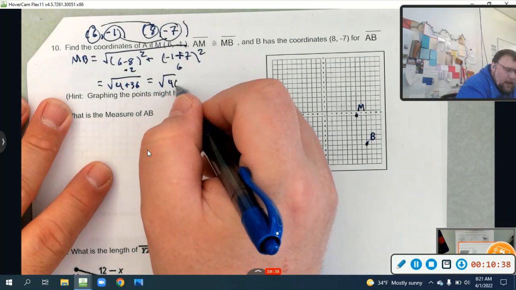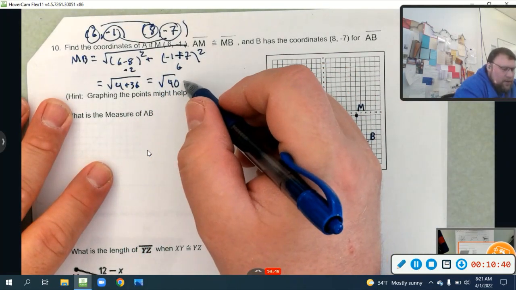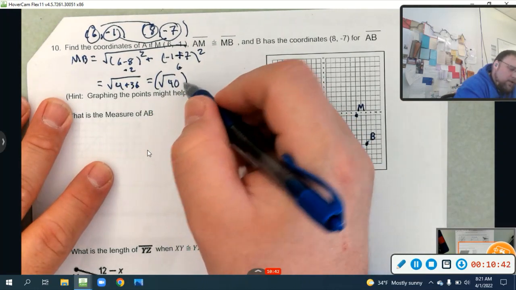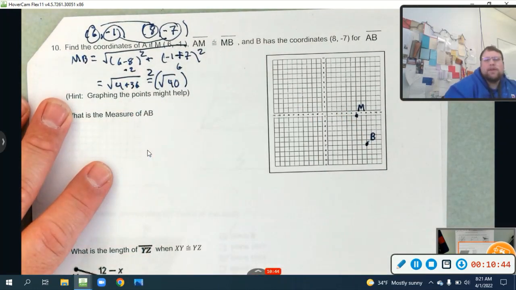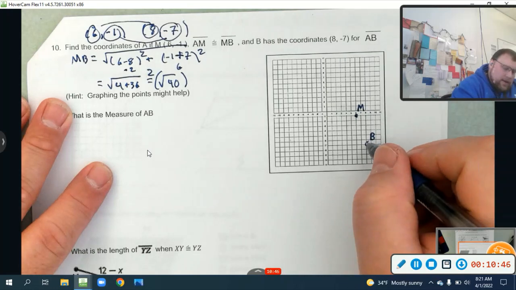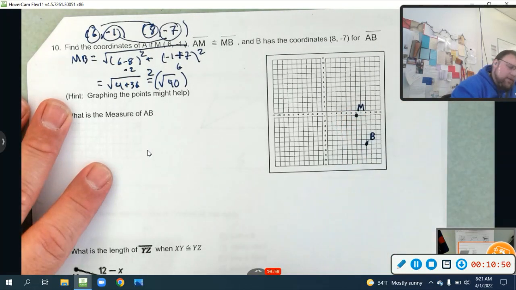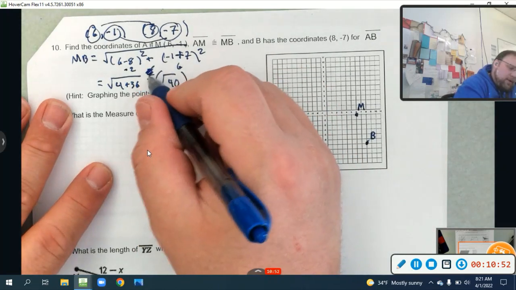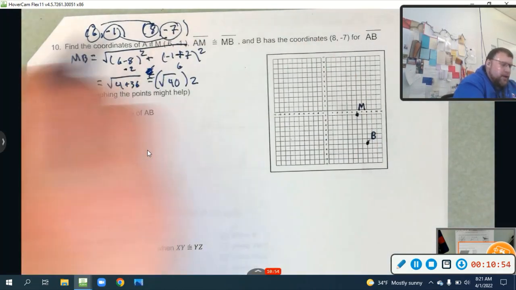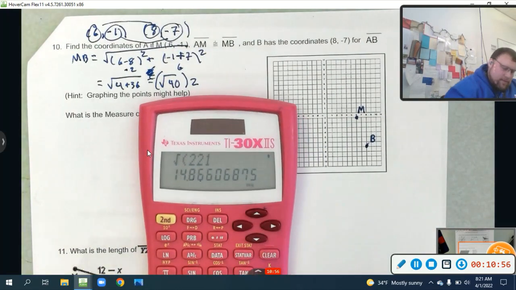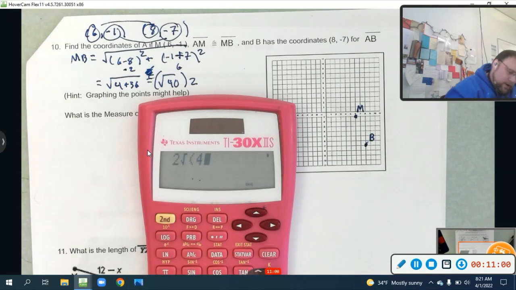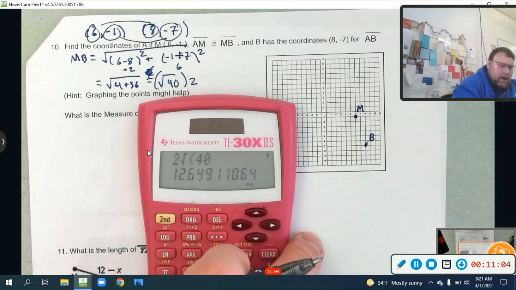And don't forget, when I get that, I'm going to multiply the whole thing times 2, because there's two sides, right? There's this distance to here, and then there should be a second distance, which is equal. So I'm going to put the 2 right here. So let's try that. I'm just going to put in 2, second function, square root 40. That's approximately 12 point, does it say to round it?